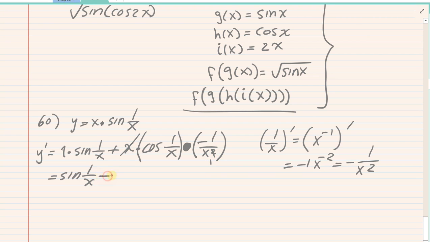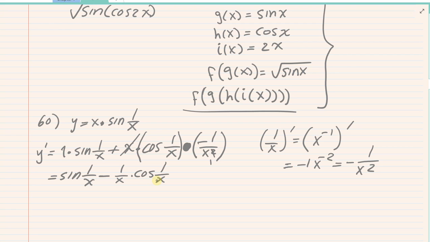Plus becomes minus because there is a negative here. So it's going to be negative 1 over x times cosine 1 over x. So that's our first derivative, right? The first derivative is not bad. That's manageable.